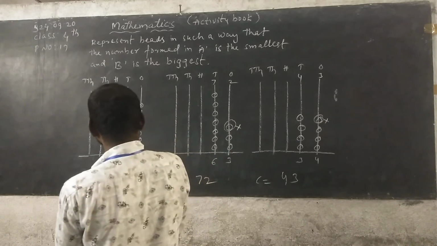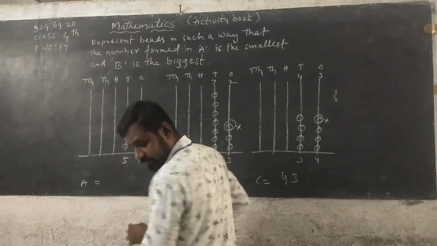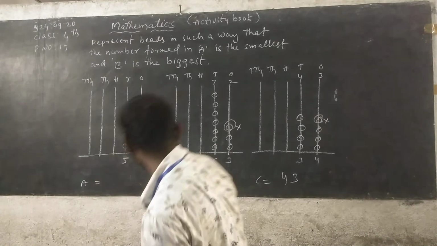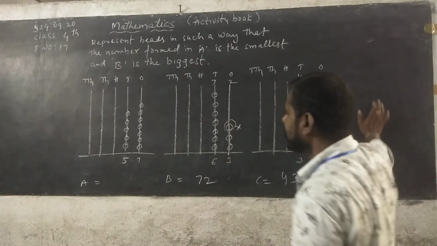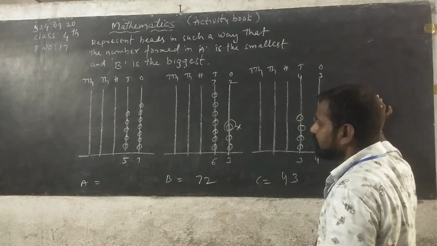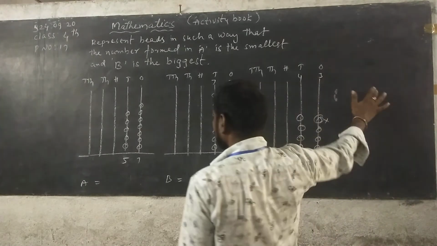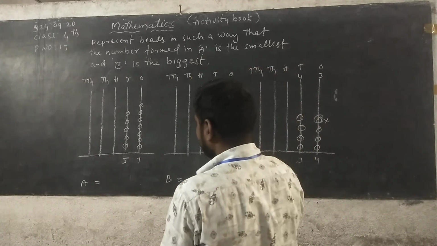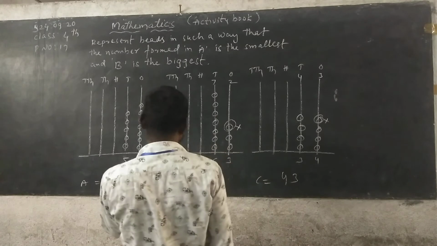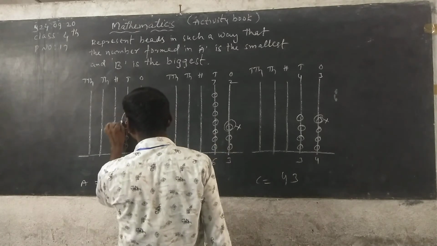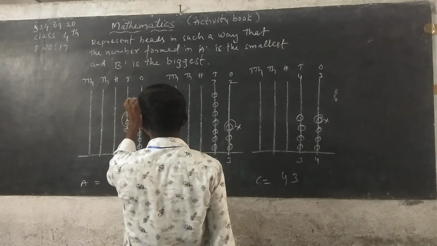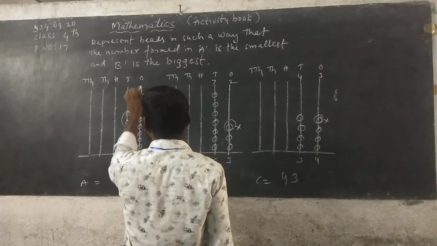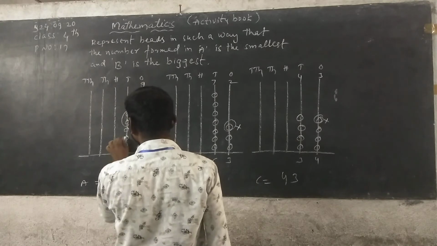See here, 1, 2, 3, 4, 5, 57. Now I am taking 2 beads to 1's place. Here 1, 2, 3, 4, 5, 6, 7, 8, 9. Here 1, 2, 3 beads.